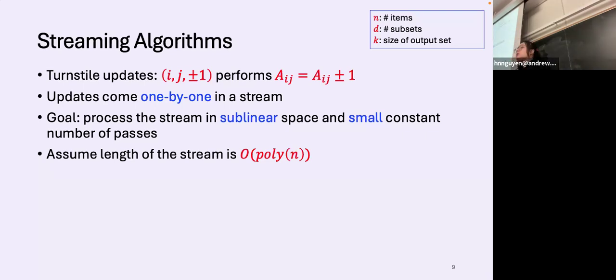Oh, okay, I see. Actually, this is going to be similar to what we're doing. I'm going to talk about linear sketching. Basically we are going to linearly sketch A, compressing the representation of A in some way so that we can output an answer at the end. I'm not sure if that's your question. Yeah, that's one way of doing it.